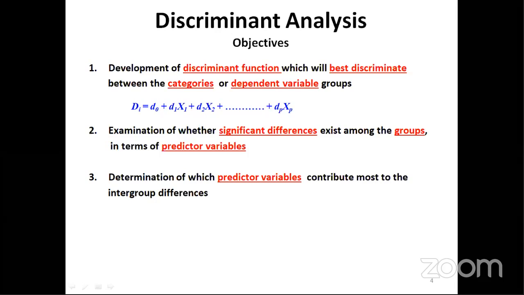Now what is our next objective in discriminant analysis? We'll see. Suppose in the last example, we have taken four independent variables: age, income, occupation, and attitudes, right?